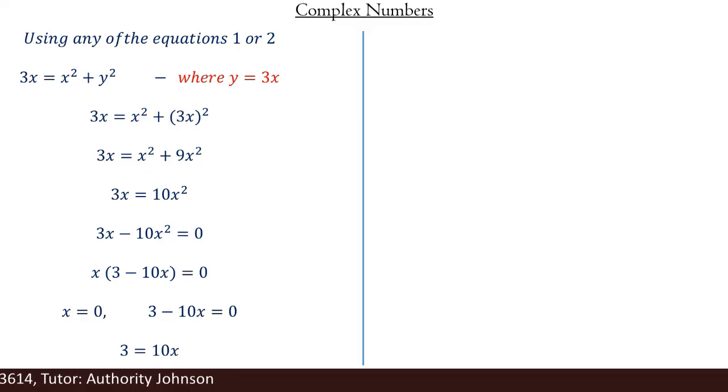Here we have 10 being the coefficient of x, so we divide both sides by 10 so that x will stand alone. We want to make x the subject. So we have x is equal to 3 all over 10. So we are getting there.